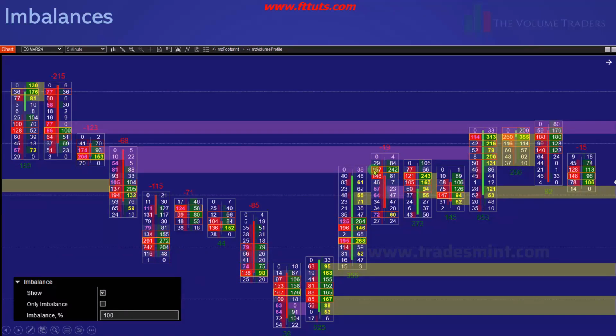As mentioned on the previous slide, imbalances create great support and resistance levels. On 6B I use 0 imbalances, but here on ES and GC, gold, I use stacked imbalances. If there's an imbalance in just one cluster, in one tick, I don't use this as a key level.